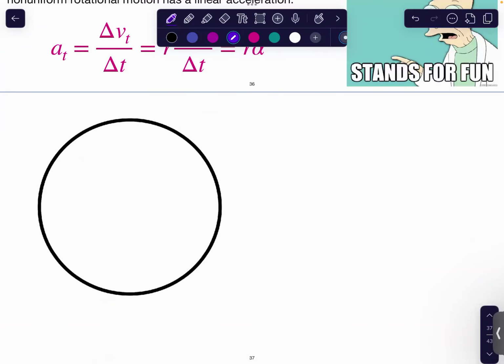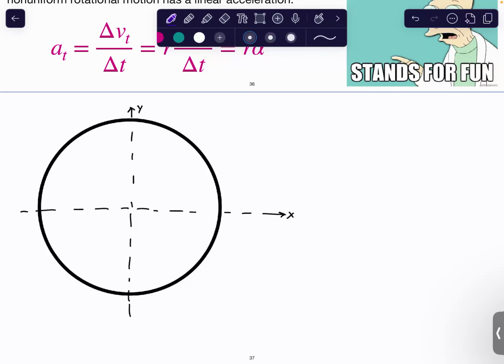Okay, so let's think about this. Let's see, I'm going to try to draw this. I think it's right center. So just put an XY axis over that.